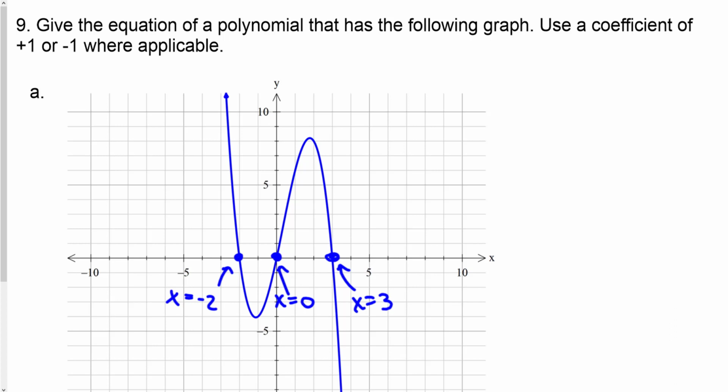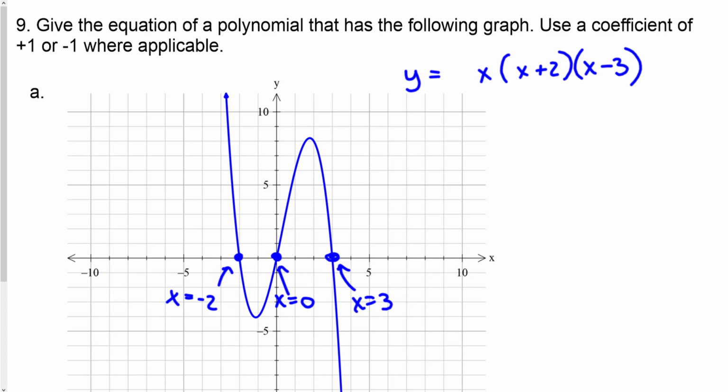So my function starts off as y equals x times x plus 2 times x minus 3. So all I'm doing is just changing each of those zeros into factors, which means to take the opposite of the sign that they're representing. And then for x equals 0, you just put an x in.